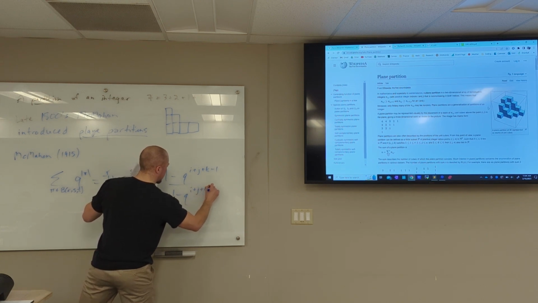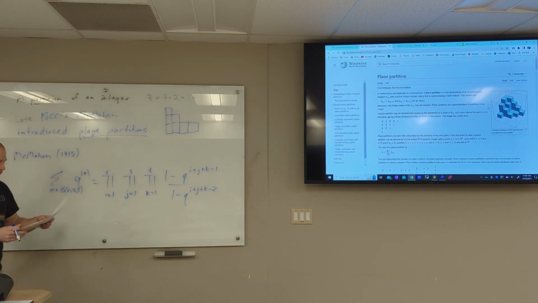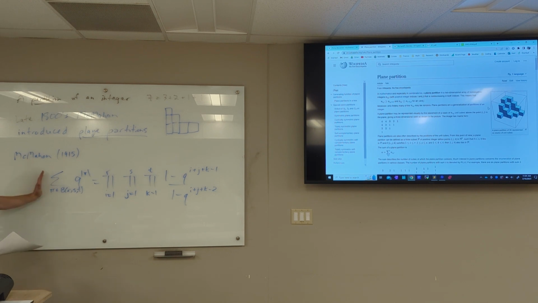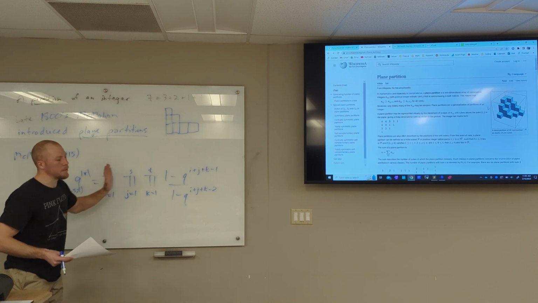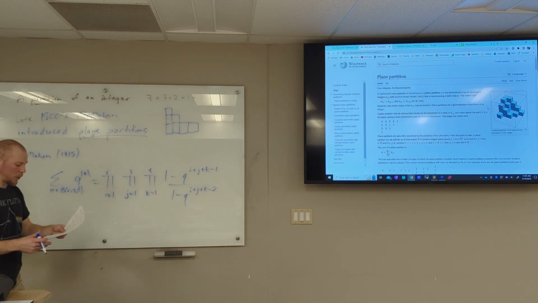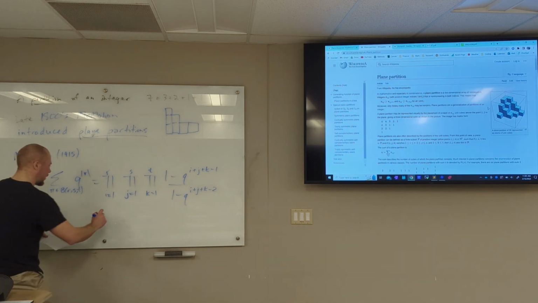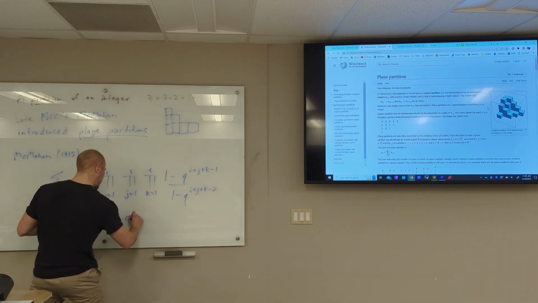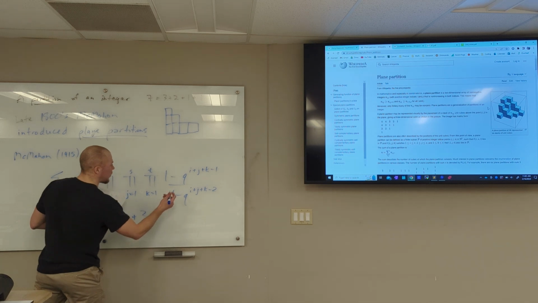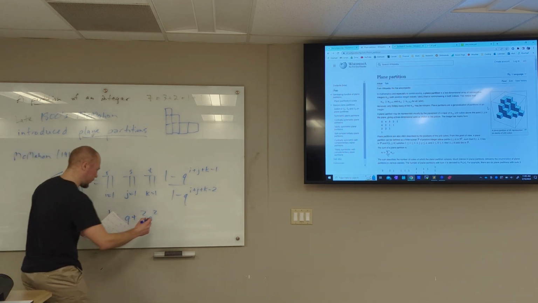Okay, so what this is saying is that in a box with dimensions r by s by t, the number of plane partitions is enumerated by this mess. Okay, well, what does that mean? Let me just write down what this might look like if we evaluate it. So the denominators magically vanish somehow.